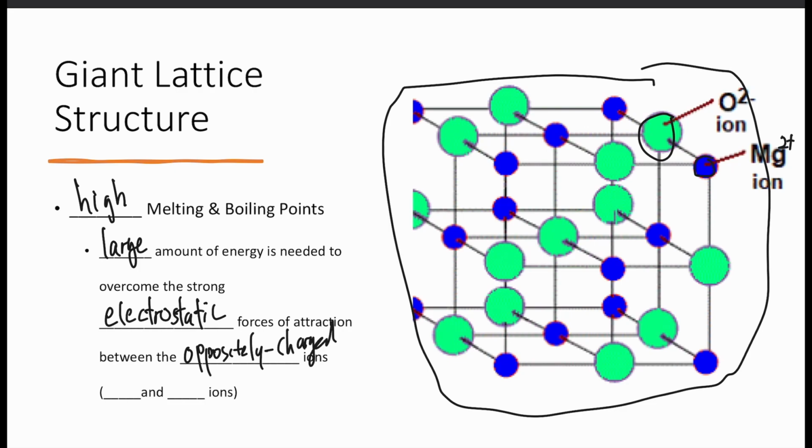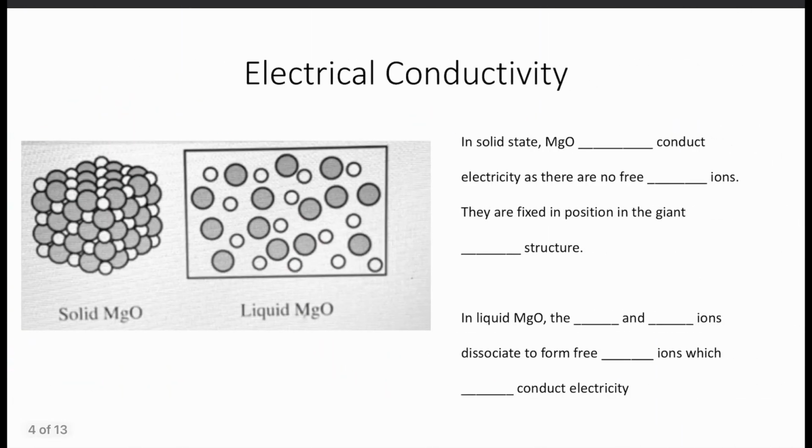In this case, the two oppositely charged ions are the Mg2+ ions and the O2- ions. They need to break the bonds. Because one is plus and one is minus, there will be these electrostatic forces of attraction. So this is the high melting and boiling point of a giant lattice structure.